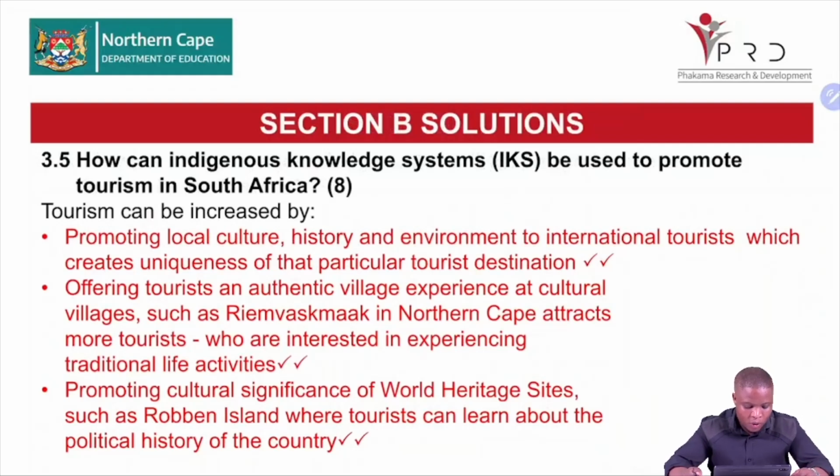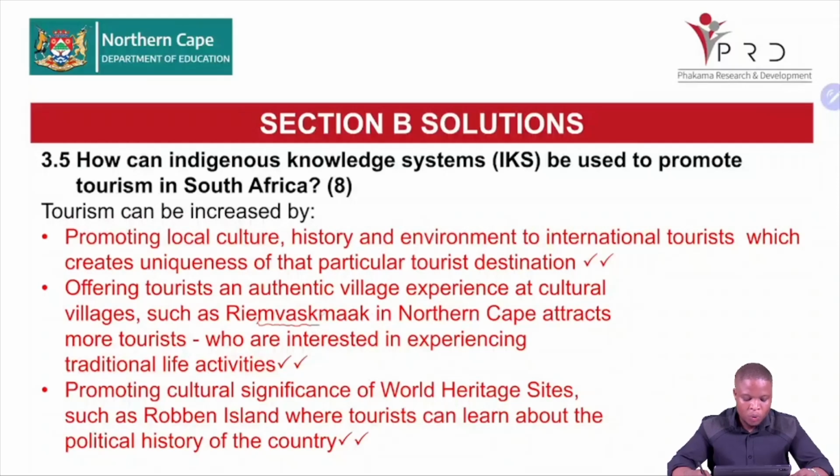Offering tourists an authentic village experience at a cultural village such as Kagga Kamma in Northern Cape attracts more tourists. If I haven't read the name correctly, yes, this is a tourist attraction place that would attract people to come and see what is happening there, to experience whatever is happening and that is unique to the place.